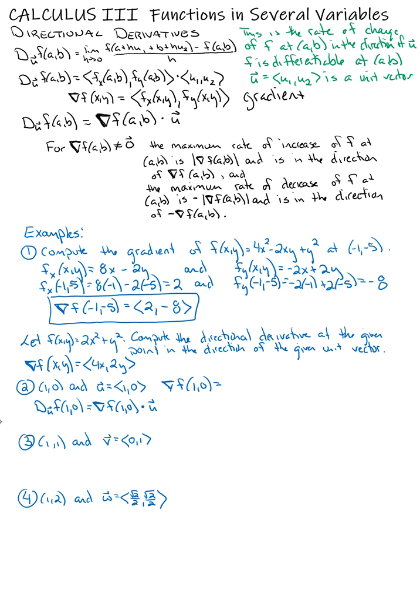So again, here's our gradient. Evaluate that at the point 1, 0. We end up with 4, 0. And so now we're going to take the dot product of 4, 0 and u, which is 1, 0.